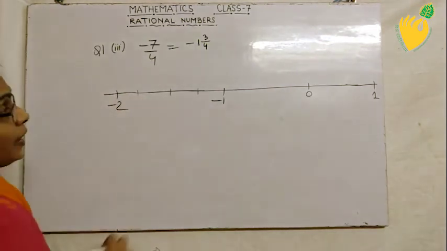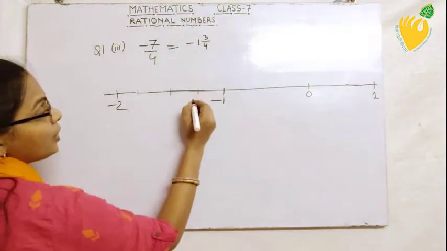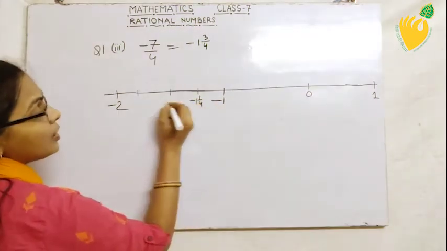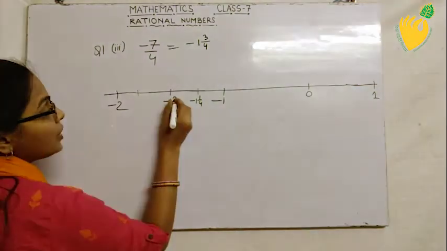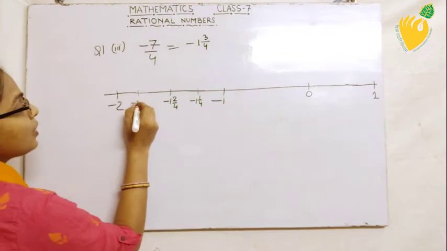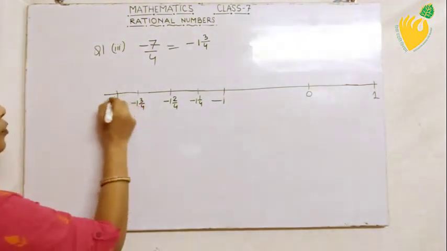Now students, where is minus 1 3 upon 4? It is minus 1 1 upon 4, minus 1 2 upon 4, and this is minus 1 3 upon 4.